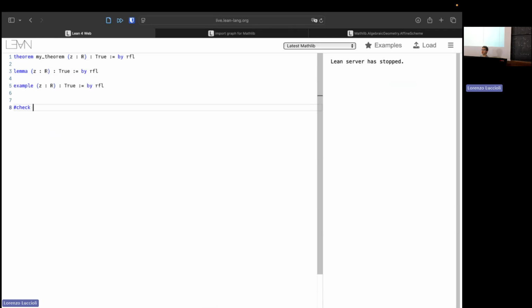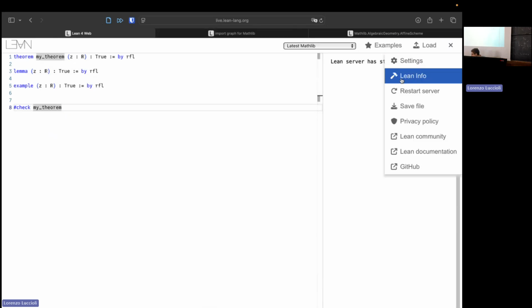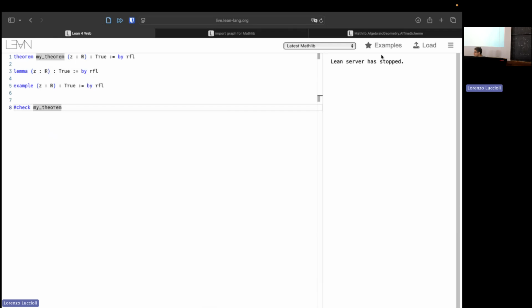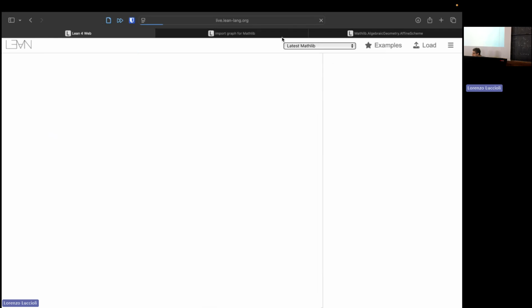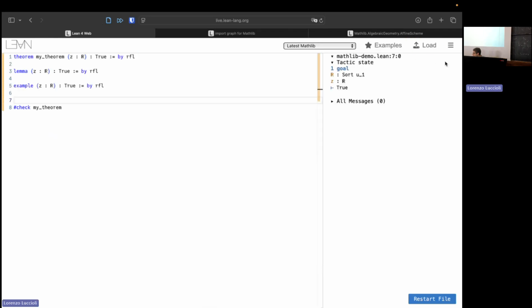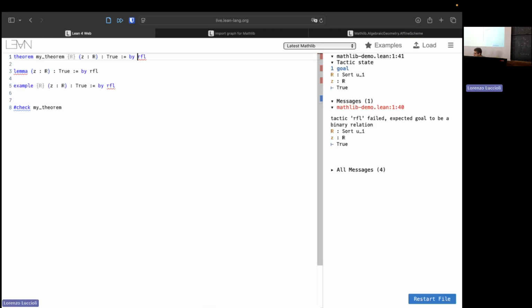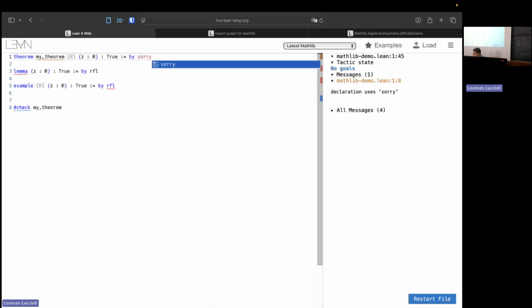Check is used to check the type of some object inside Lean, and I can write my theorem. Okay, the server has stopped. Sorry. If the server has stopped, that's just a text editor. It's not going to compile anything. Okay, maybe I have to restart it.